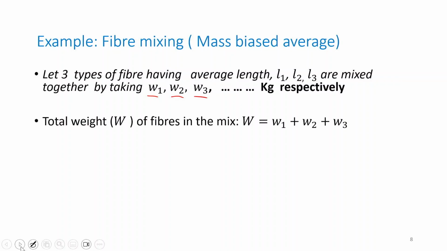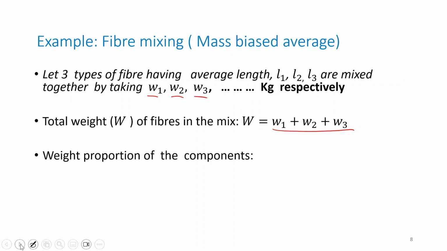These are what is chosen now. So total weight of fibers is going to be W1 plus W2 plus W3, which is capital W, and then the weight proportions of the components are going to be P1, which is W1 by capital W, P2 is W2 by capital W, and P3 is W3 by capital W.